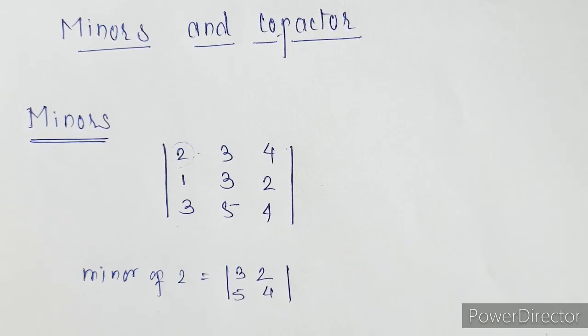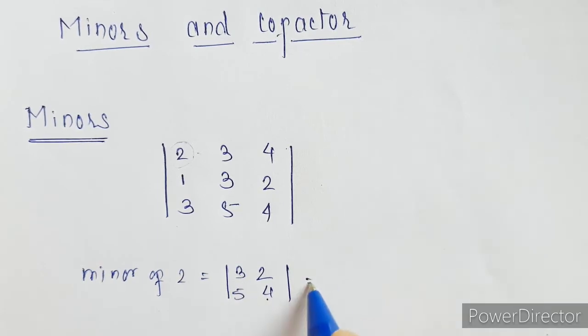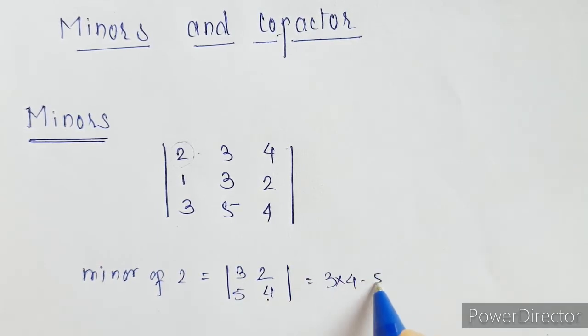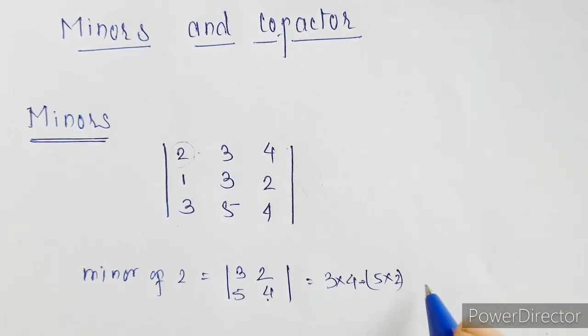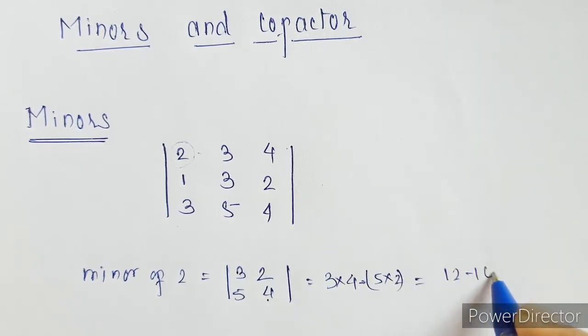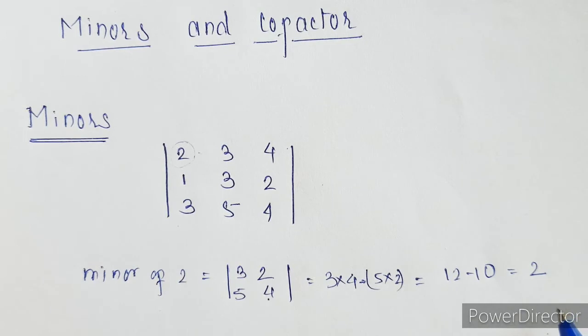That will be the minor of that particular term. So minor of 2 will be 3 into 4 minus 5 into 2. This will be 12 minus 10, which equals 2. So minor of 2 is 2.